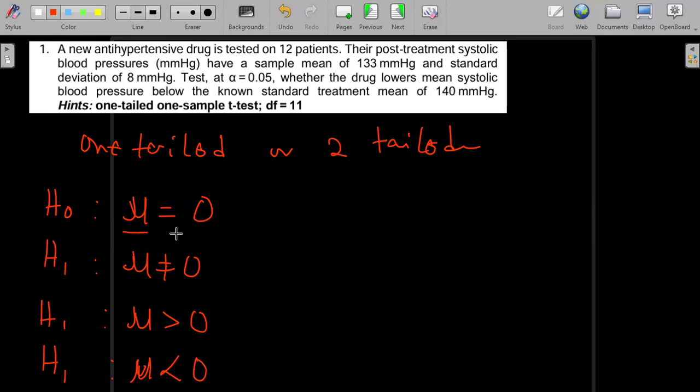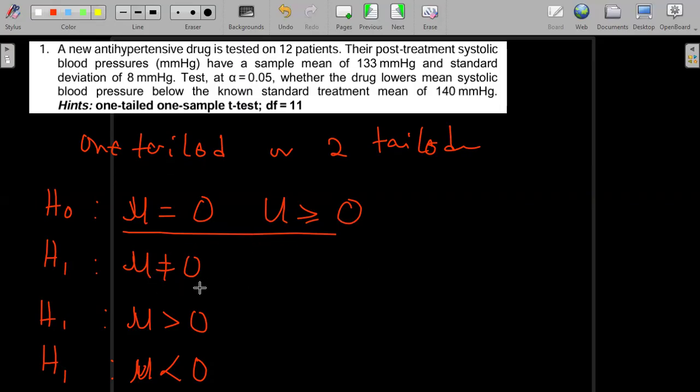The null hypothesis can also be that the mean is greater than or equal to 0. So in the null hypothesis, there should always be an equal sign. If there's no equal sign, then we can't call that the null hypothesis.